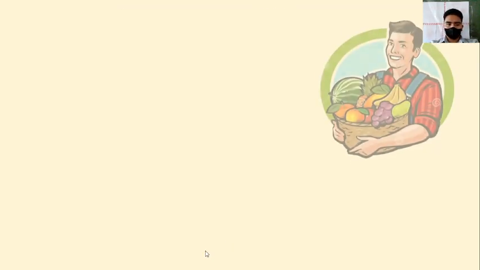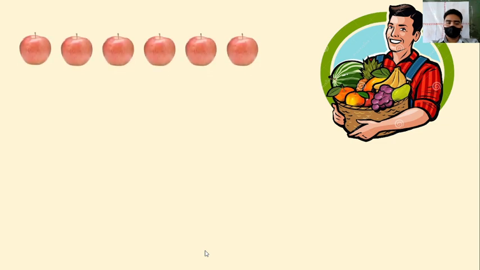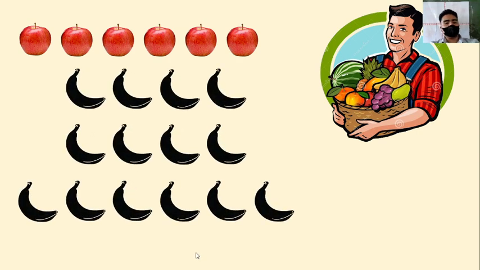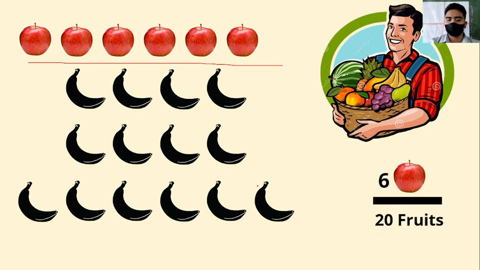Visual example. You could have 6 apples and 14 bananas. So from your 20 harvested fruits, you have 6 apples. If you are going to write it down in ratio form, this is the one. You have 6 apples and 20 fruits.